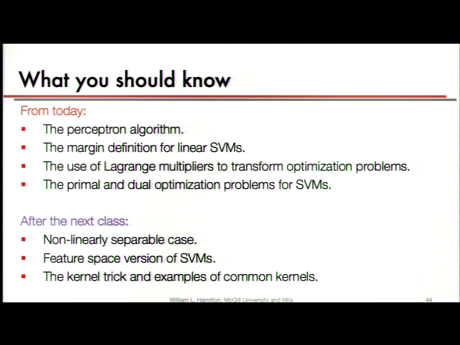And then we had a very quick, somewhat rushed foray into Lagrange multipliers and convex optimization. At the end of the day, it's important to understand what the primal and dual are, and why the primal, this max-min representation, is the same as our original constrained optimization. And the solution we get is that we're representing our W vector as a linear combination of some small set of support vectors. So that's what's important to take away from today.